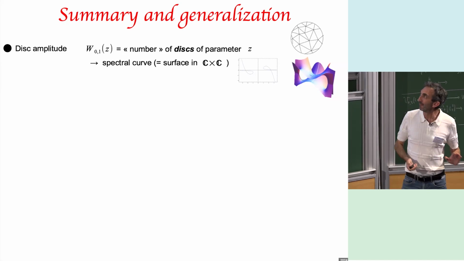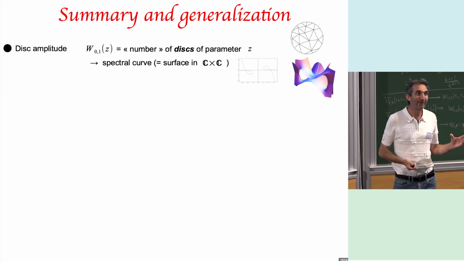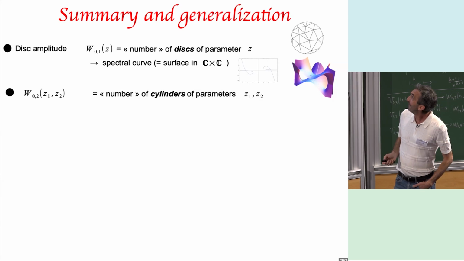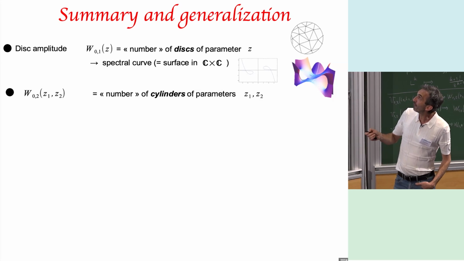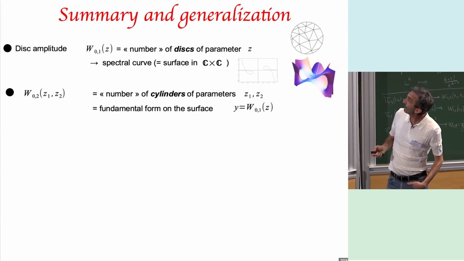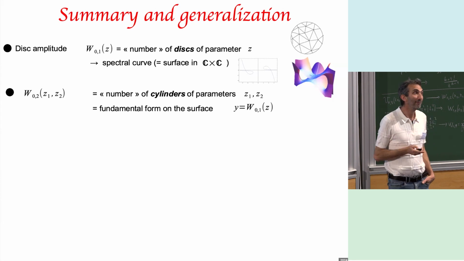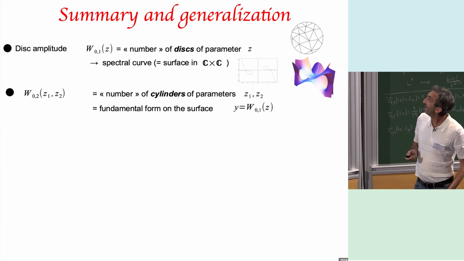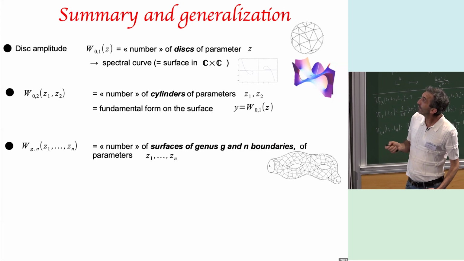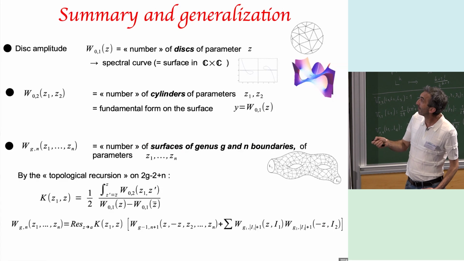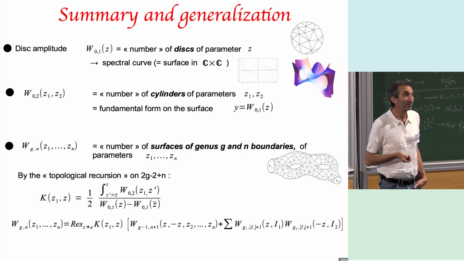Someone has to compute W01. Someone has to tell you what is W01. Then, once you have W01, W02 is just this fundamental form. And then every WGN is given by this universal recursion formula.